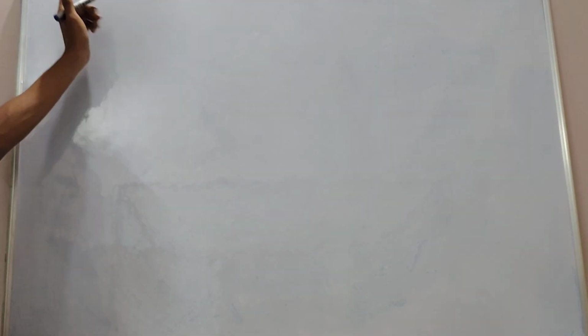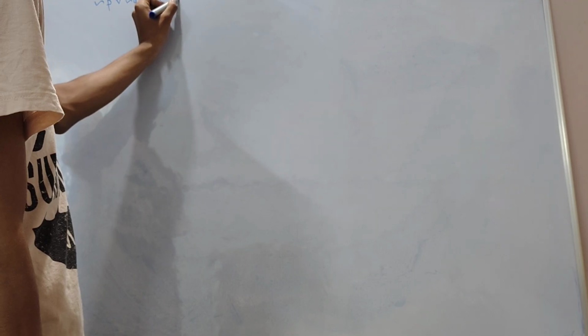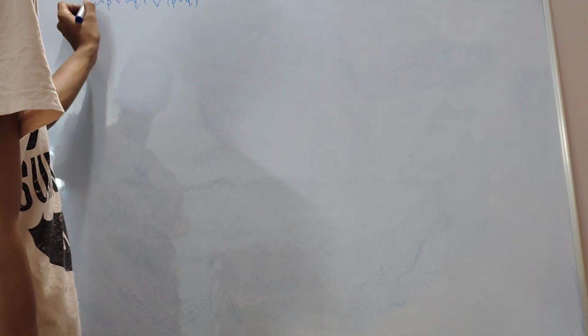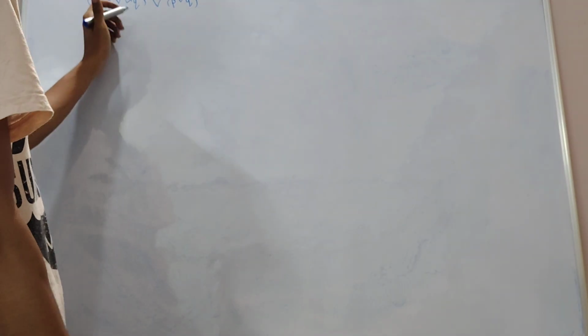I will use here identity, right? I will simply write negation of P or negation of Q, right? And or P or Q, right? Now I will use identity.